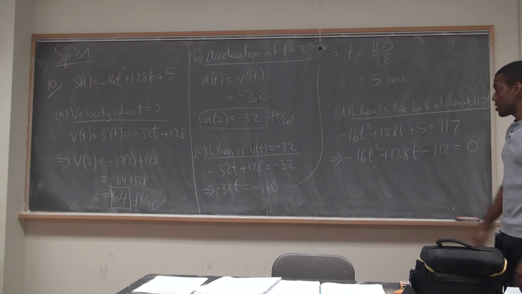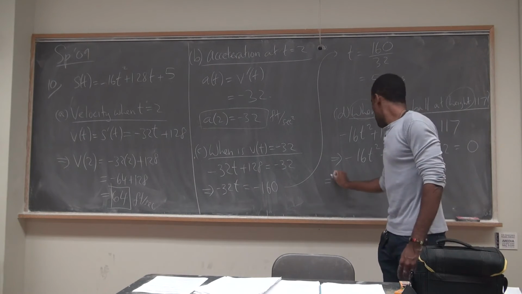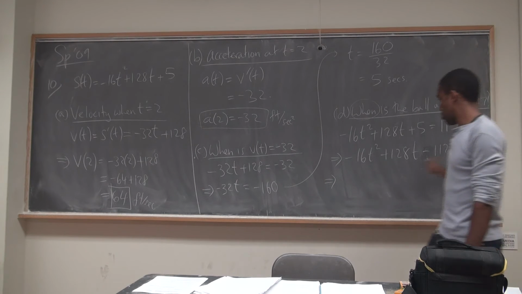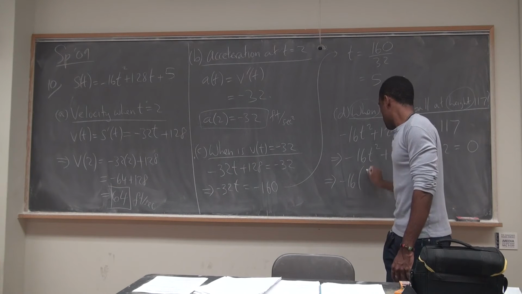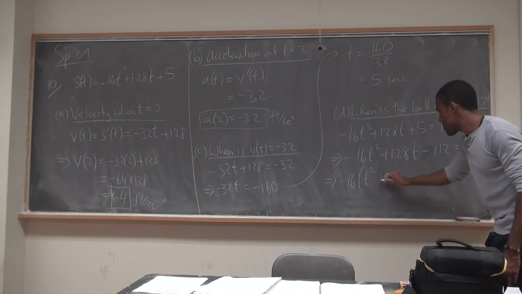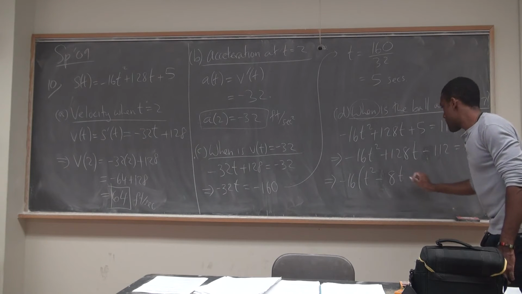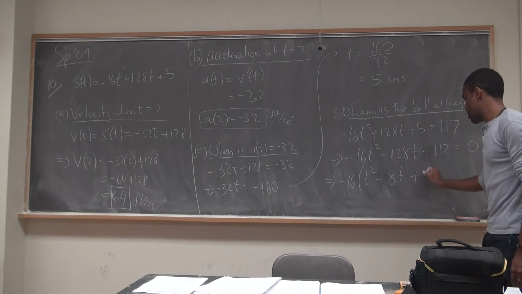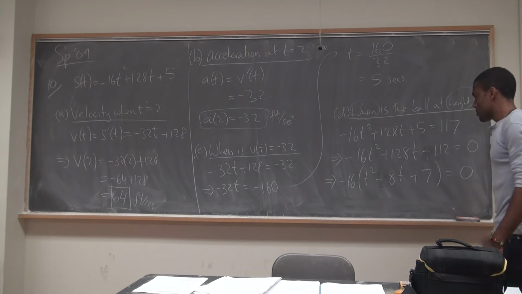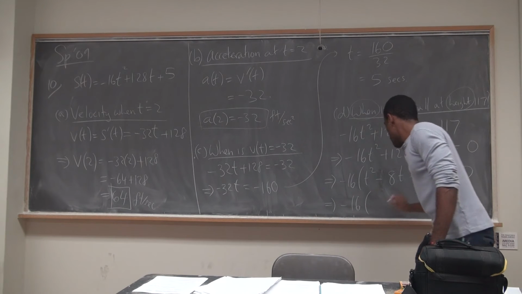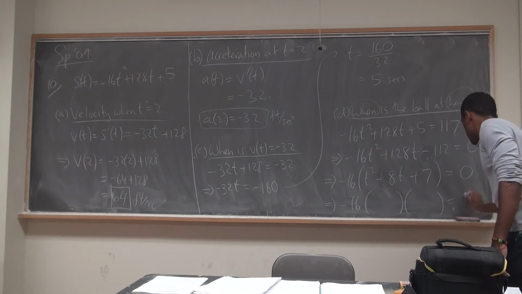Now I factor. What can I factor? 16 goes into this? Does it? Yeah. That would be nice. 16 goes into 128 how many times? 8 times. And it goes into 112? That's nice. And so now that seems pretty factorable, I think.